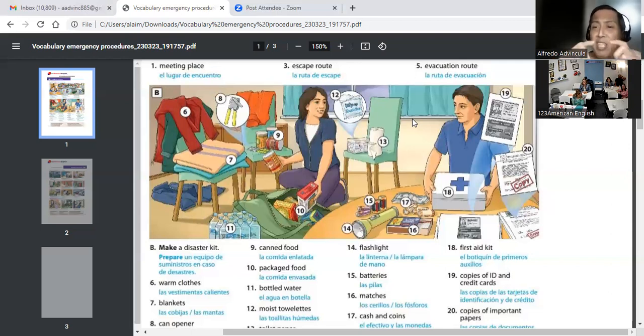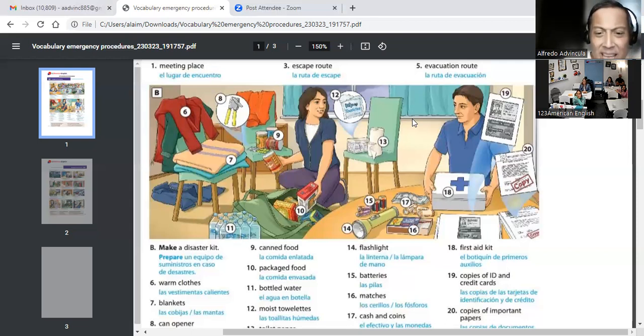Usually you'll see some gauze tape inside that first aid kit. So these items are probably near the top: that first aid kit, the flashlight with batteries. You can't do much better than that to start. All right.